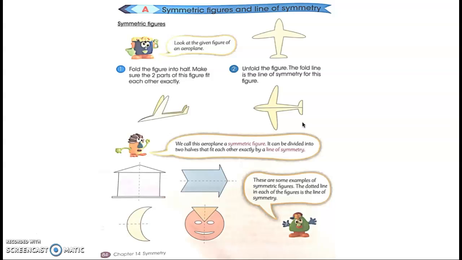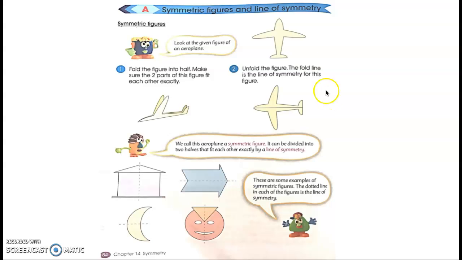So when you fold from this line and bring the two identical parts closer together, if these two parts exactly fit onto each other, that is called symmetry.